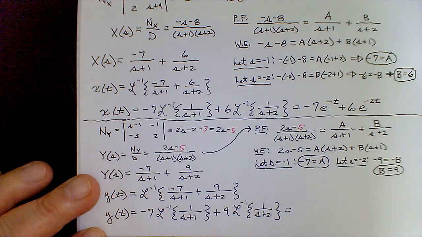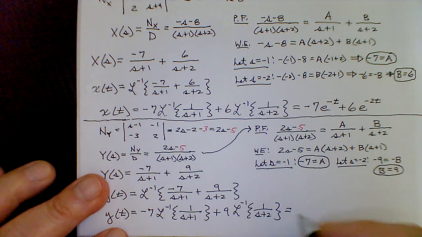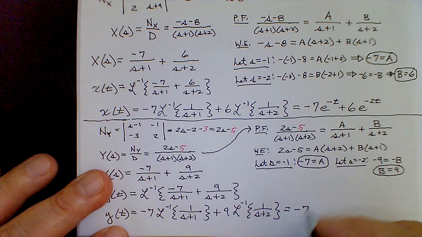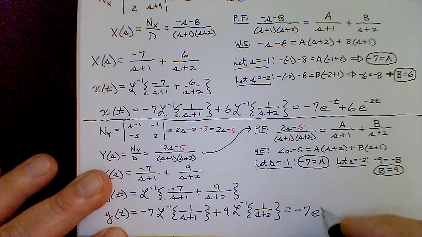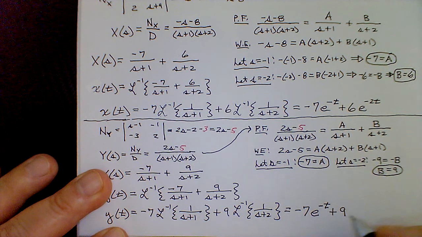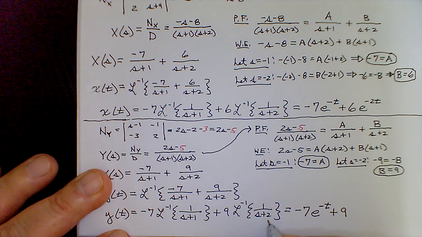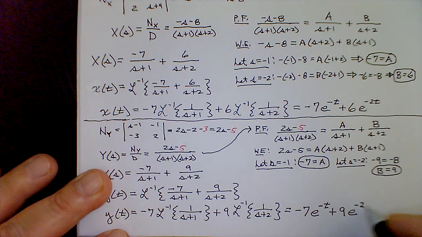And so finally, we get y of t. This is the 1 over s minus a again. So negative 7, s plus 1, a is negative 1, so e to the negative 1t, or just e to the negative t. And then plus 9, 1 over s plus 2, a is negative 2, so e to the negative 2t.